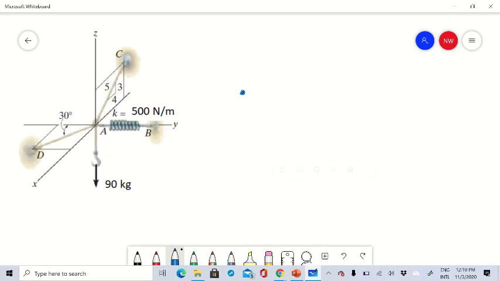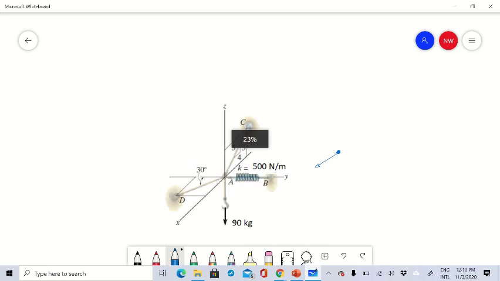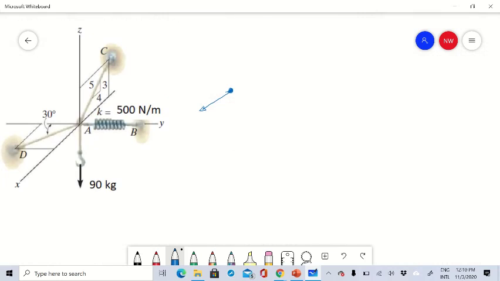there is a force in this direction, right? So we have force in this direction. You can call it anything, but I call it FAD, right? So there is a force in this direction which is equal to 90 times 9.81, right? So this angle is equal to 30 degrees, right?